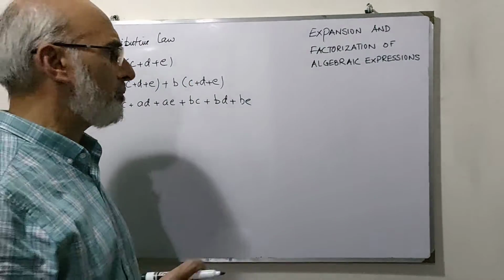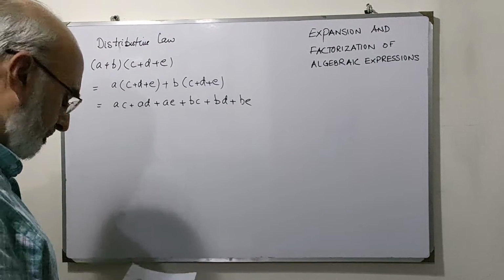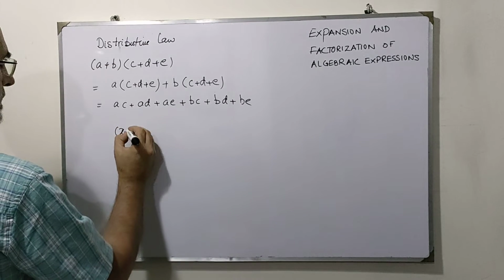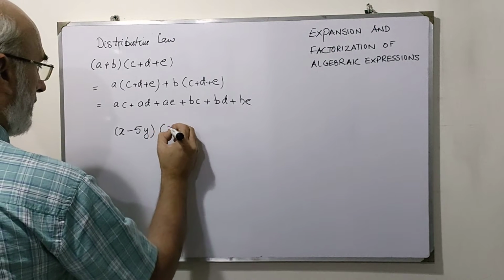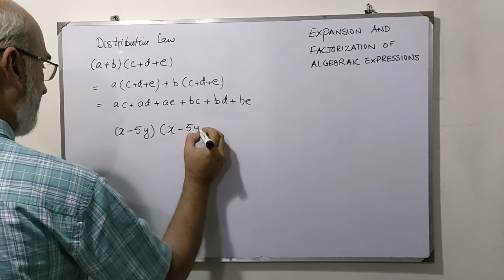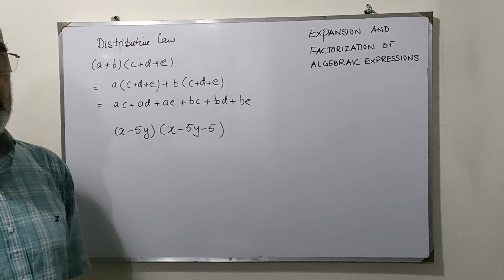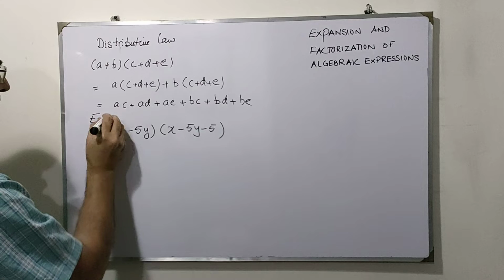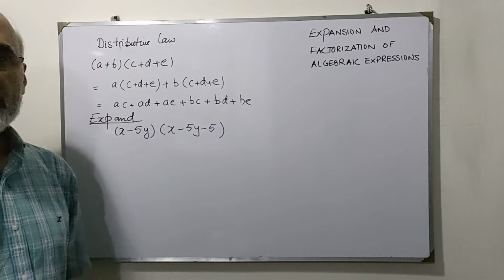So let's take an example of the distributive law that we have already discussed. The first example is (x minus 5y) into (x minus 5y minus 5). We have to expand it. Now we'll be applying the same distributive law.